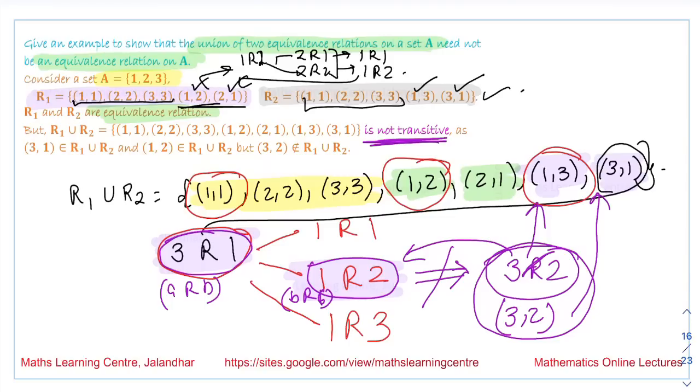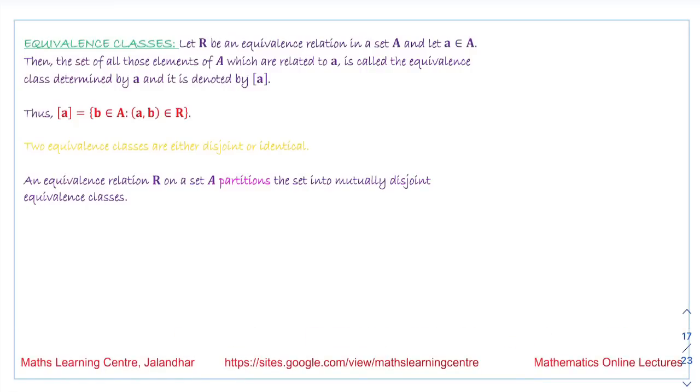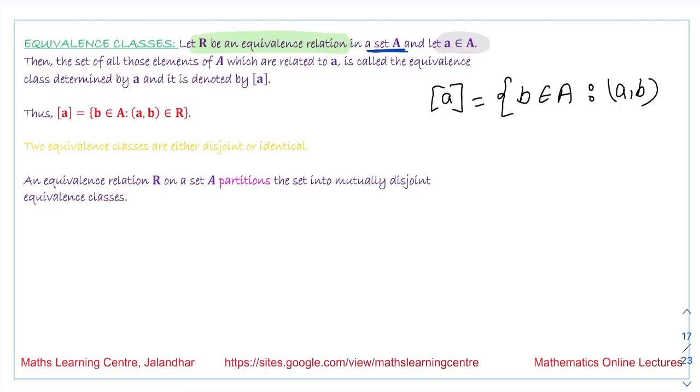Next we have is the definition of equivalence class. Suppose a set A is given, and there is an equivalence relation R defined on that set A. We have considered an element a belongs to A. For any element, we are talking about the set or the collection of all those elements b of A such that a and b are related.